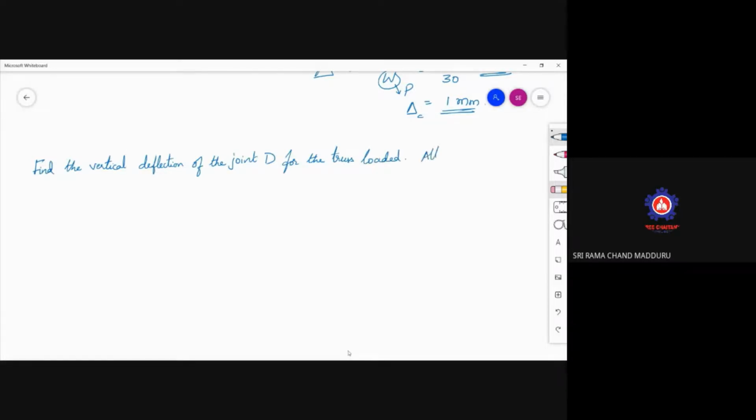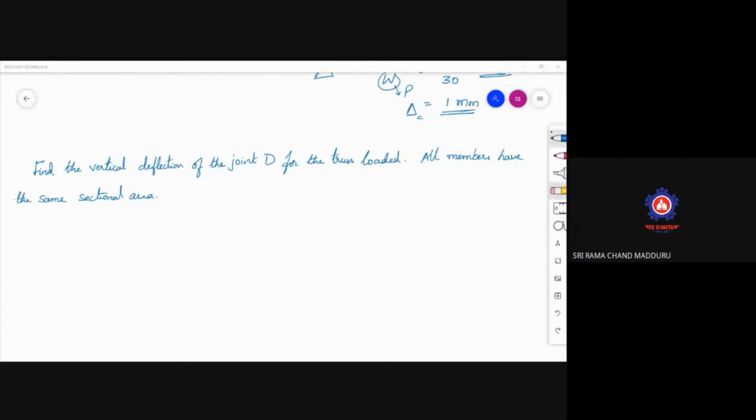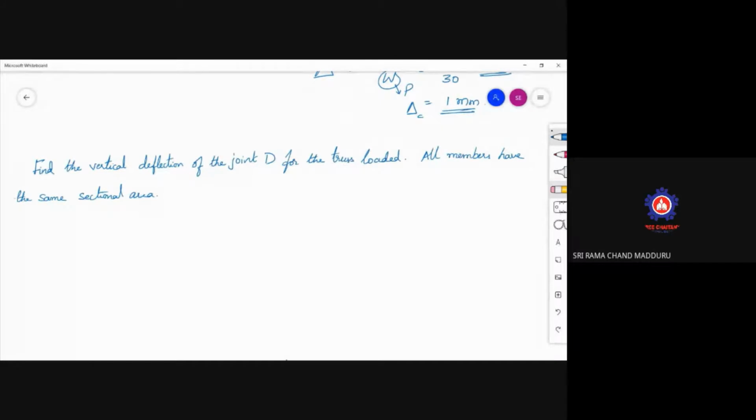All members have the same sectional area. Draw this diagram.